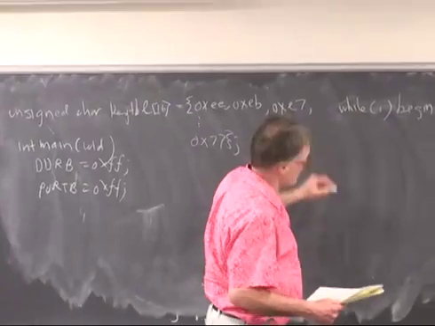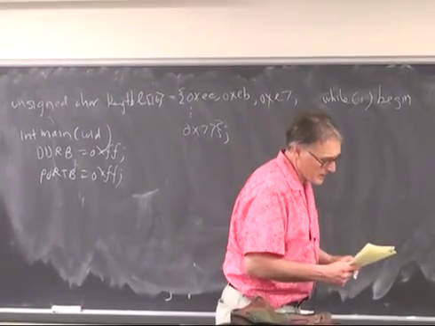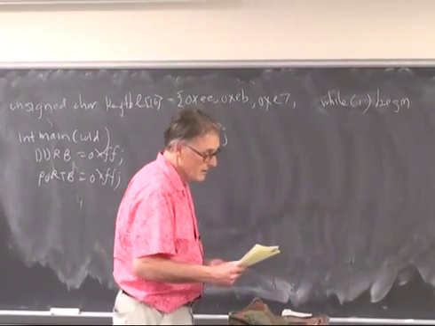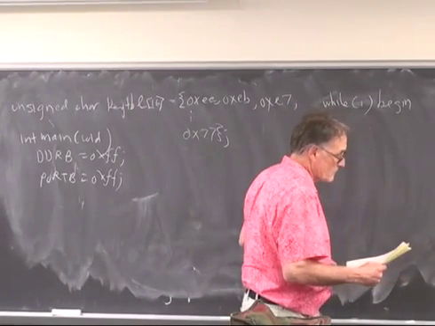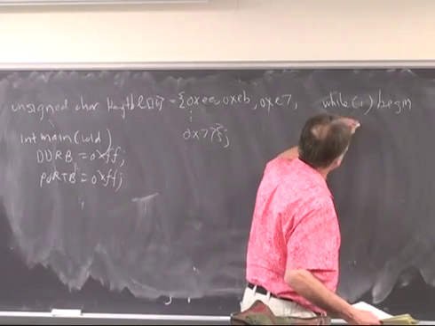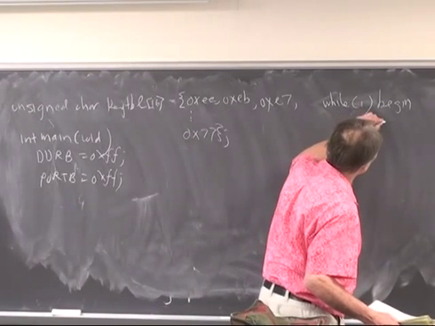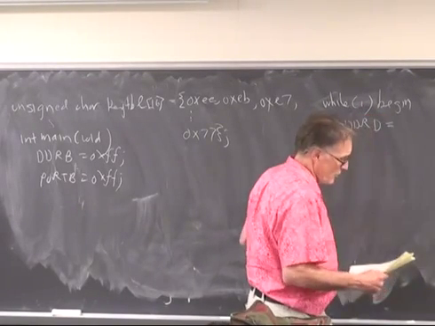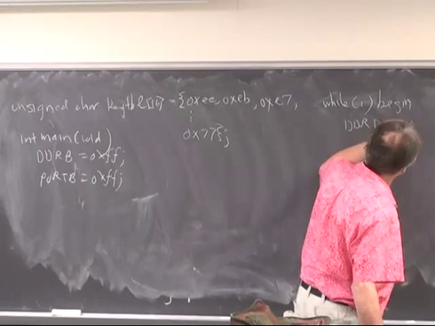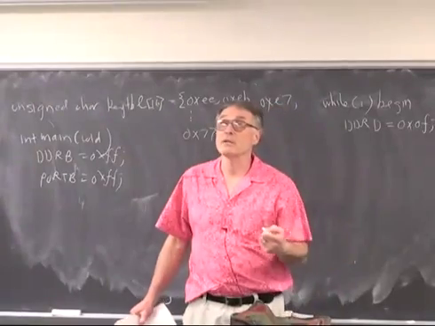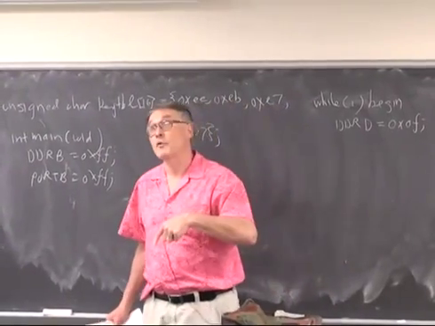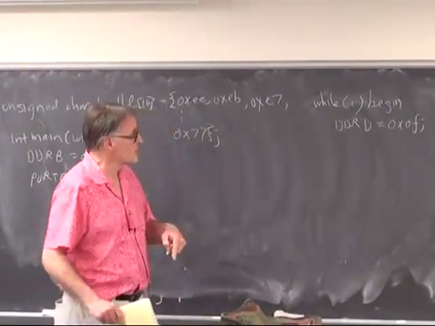What we're going to do here is set DDRD to 0x0F. So the bottom 4 bits are outputs and the top 4 bits are inputs.